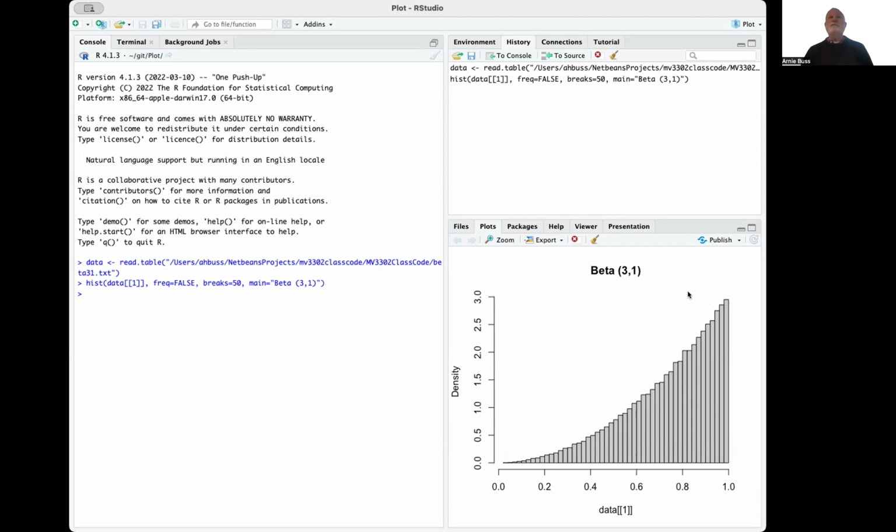To strictly do it, of course, you would have to do something like a goodness of fit test to statistically show that this is that. But frankly, if you make a mistake somewhere, it just looks totally weird. So that's that.